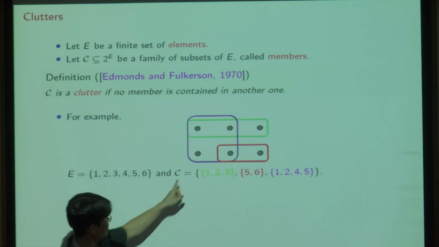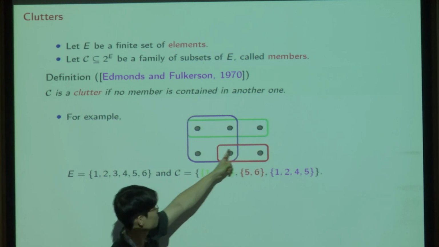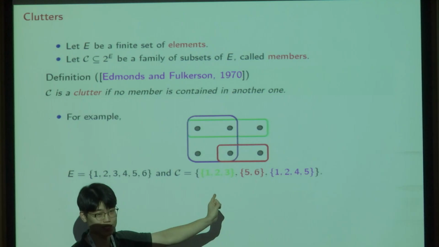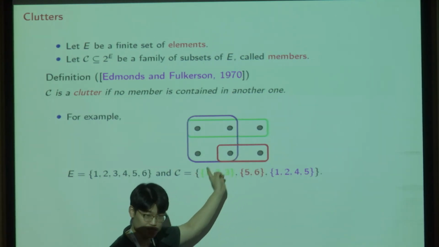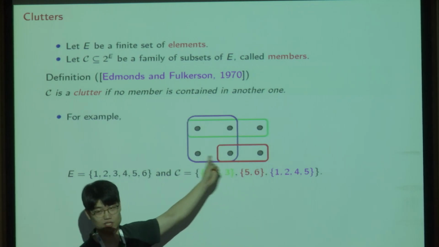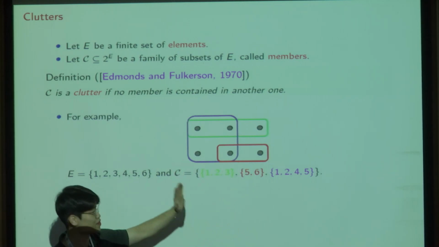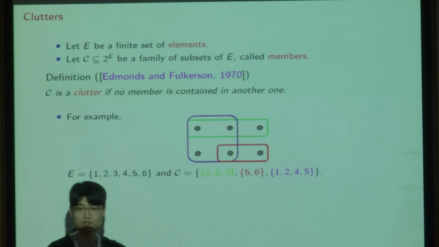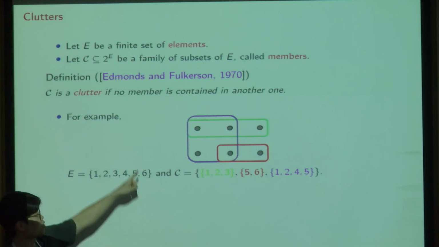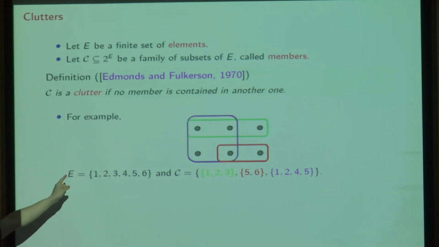Now let's say I take a subset of the bottom 3 vertices, which contains this red one. If you intersect this red one, then it will automatically intersect this superset. So it doesn't make sense to include a set containing another subset. It makes sense to include only inclusion-wise minimal ones. That's why we are just taking this clutter definition.